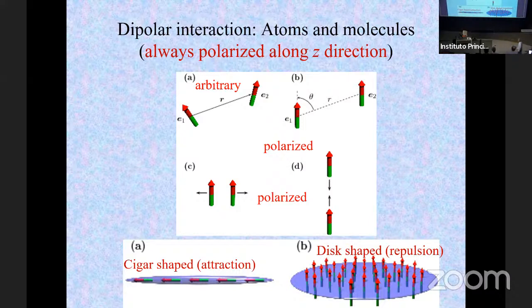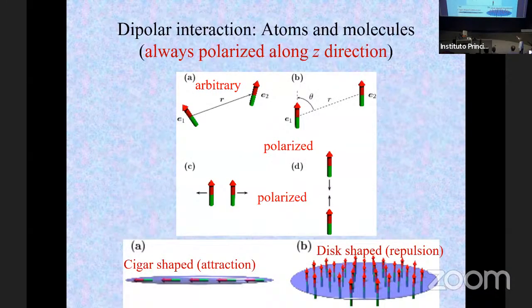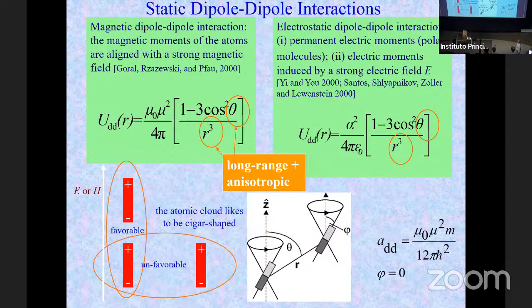It is attraction between the north and south poles of the magnet, because each atom acts like a tiny magnet. And if it is disc-shaped, it stays like this, and there will be repulsion between different atoms. And this is the static dipole-dipole interaction.